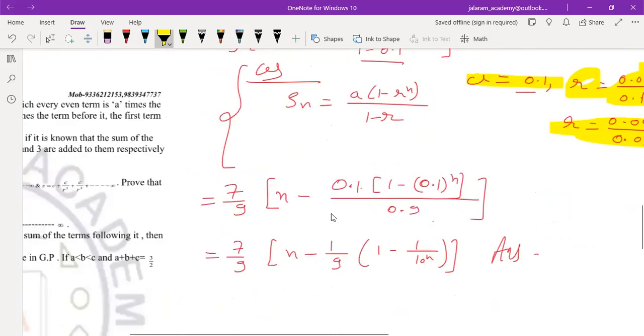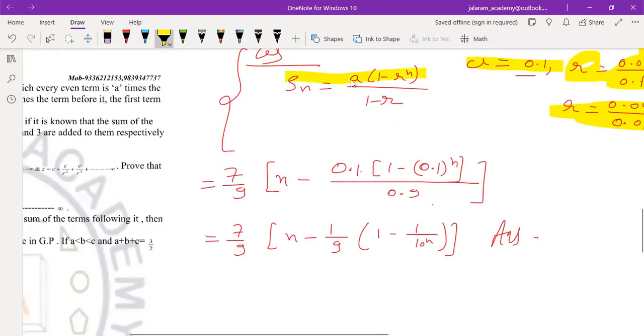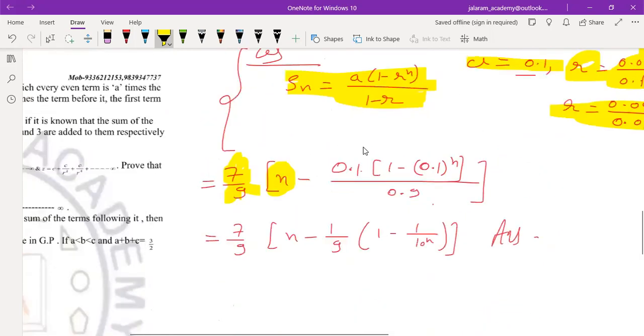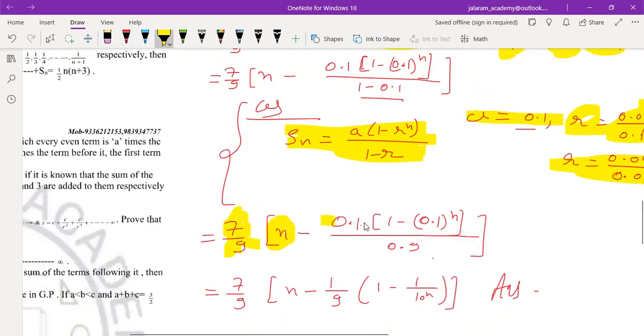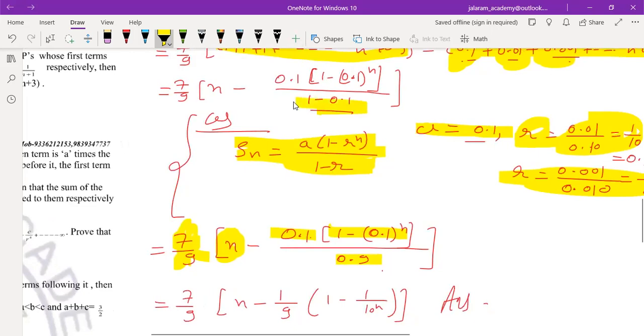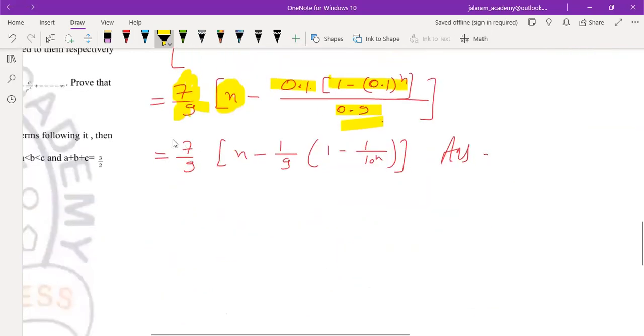Using the formula for the sum of n terms of a GP, a into 1 minus r to the power n upon 1 minus r, finally it gives the result 7 by 9 into n minus 1 by 9 into 1 minus 1 upon 10 to the power n.